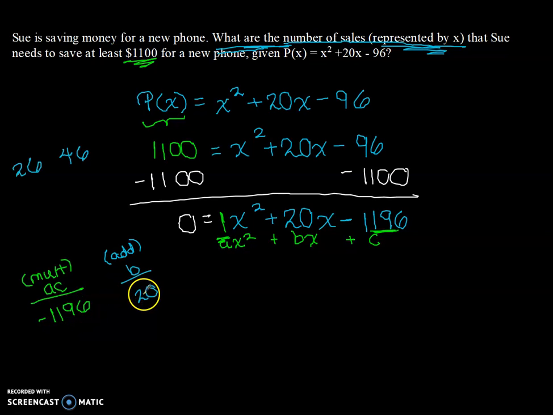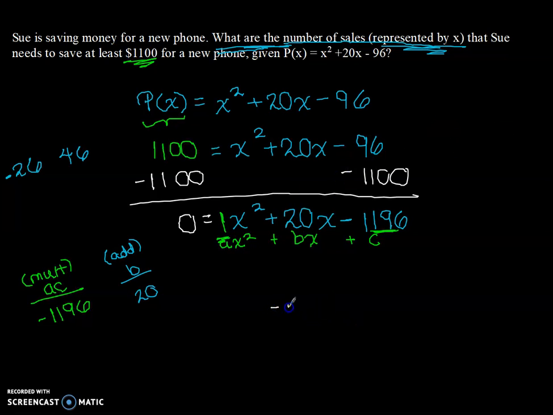Since it should add up to be a positive number, the larger number is going to be positive. So I'm going to make this negative. If I multiply negative 26 times 46, it does multiply to be negative 1196. And if I add negative 26 plus 46, I do get 20. So yay, I found the two numbers.